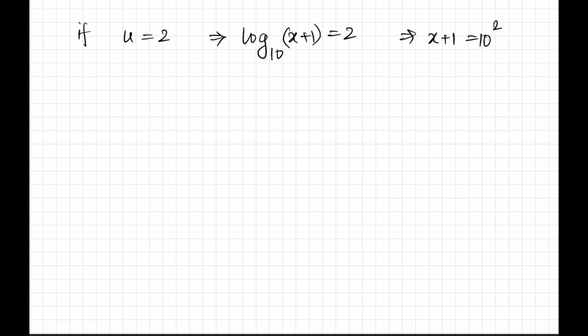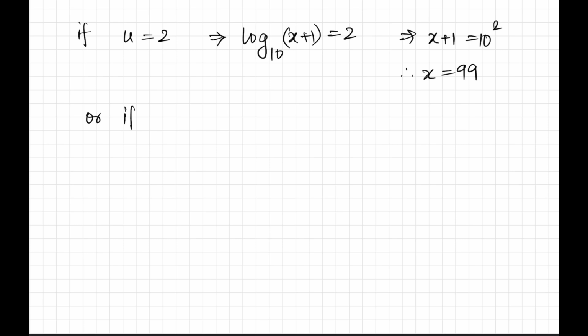So if we take the value of log as 2, this is equals to log x plus 1 base 10 is equals to 2. तो अगर हम log हटा देंगे यहां से तो हमारे पास आएगा x plus 1 is equals to 10 squared, which is 100, and therefore x is equals to 99. So this is one answer.